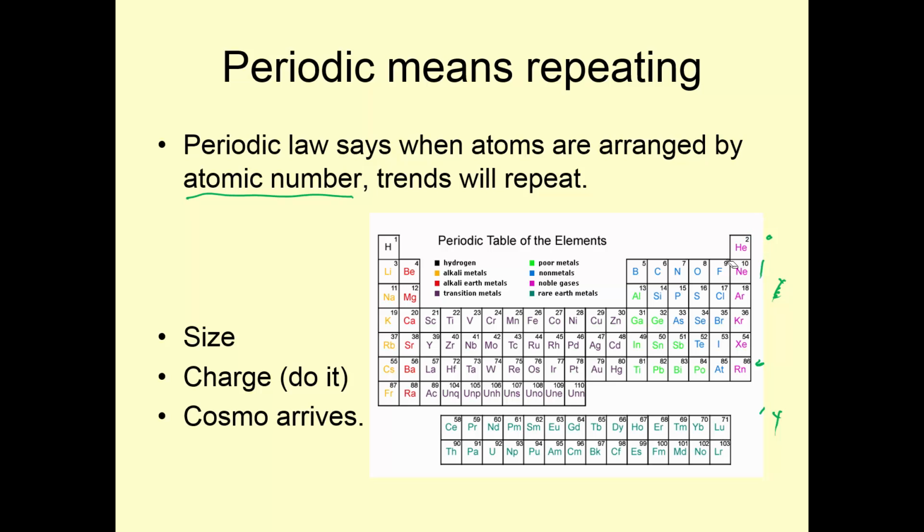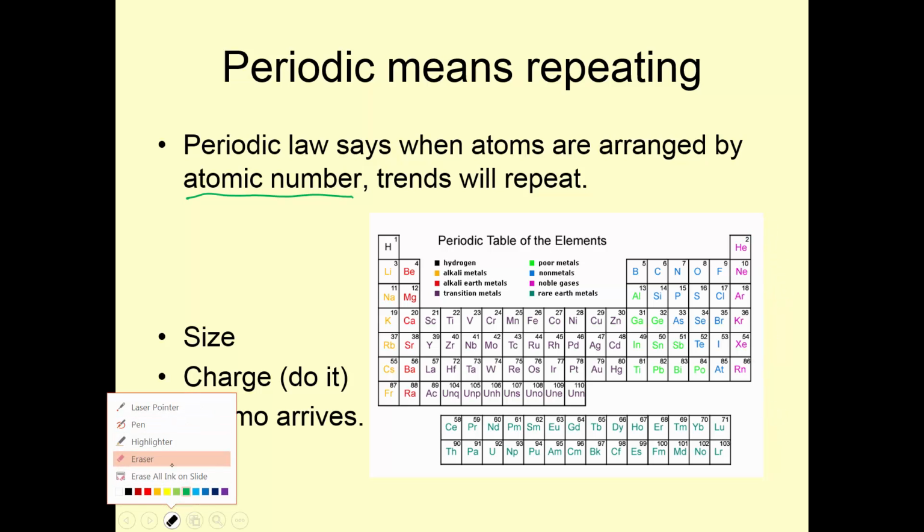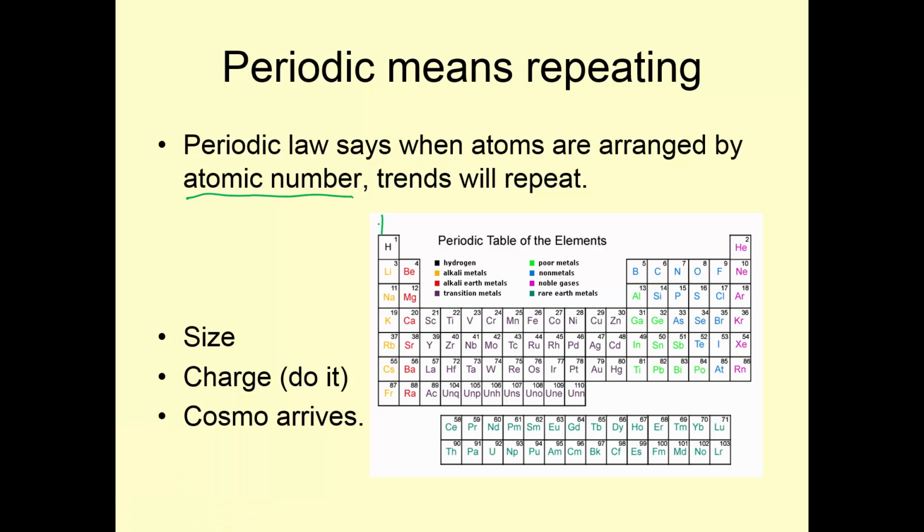Now you should sketch another periodic table and talk about charge. So here's the trend in charge. Whoops. This column is +1. So hydrogen is, well, let's do lithium. Okay, +1, +2, +3, 0, -3, -2, -1, 0. Repeat. +1, +2, +3, 0, -3, -2, -1, 0.